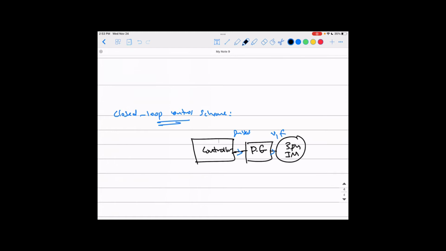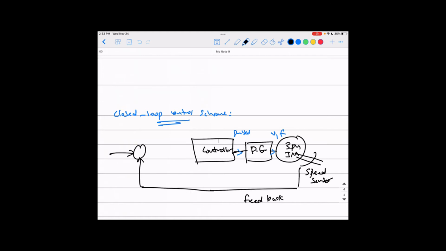The whole point is, for this closed loop scheme, we use a speed sensor here. The sensor senses your speed, and then it gives you what we call feedback. This feedback goes here to be compared with your speed command, and the difference between them goes to your controller.